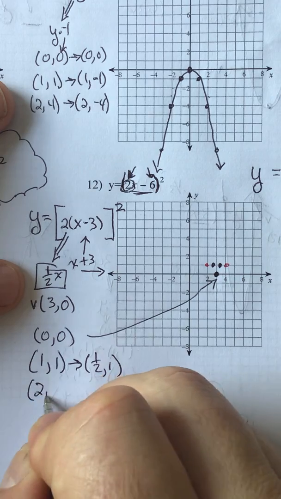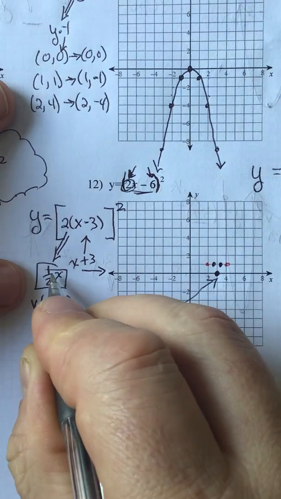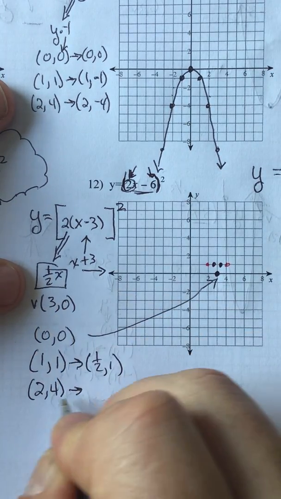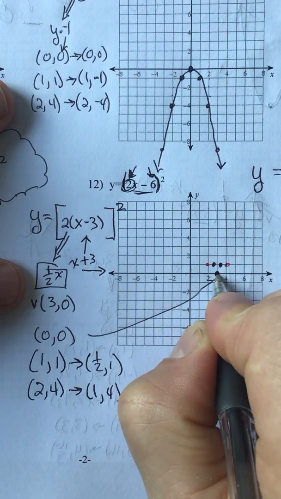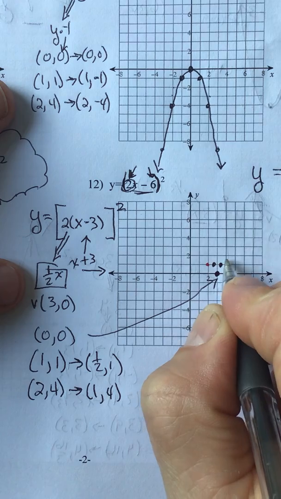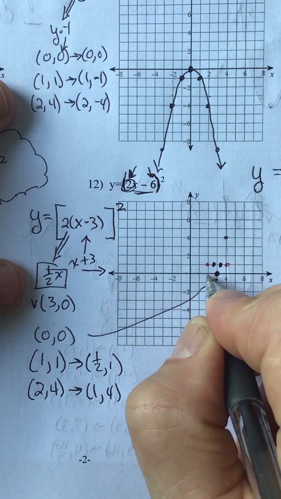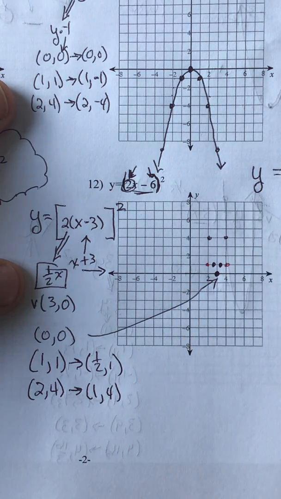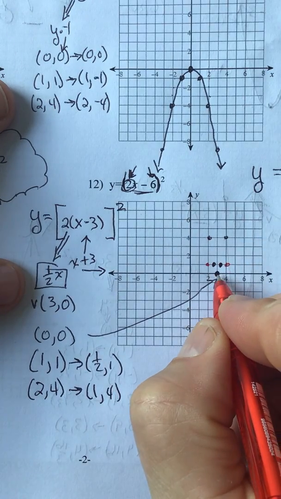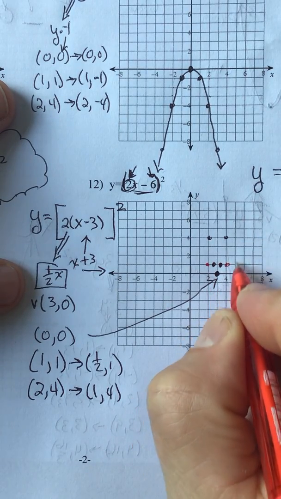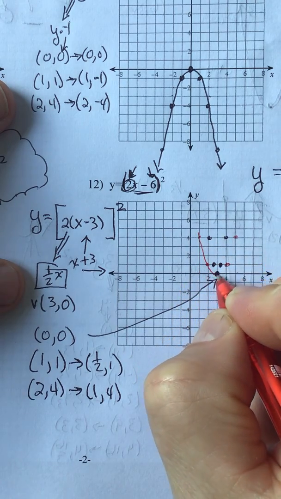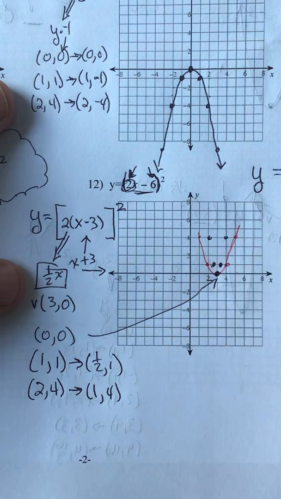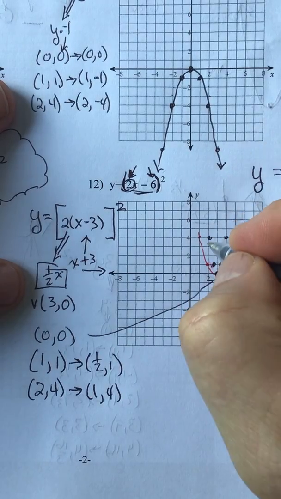Then the next one, I'm supposed to go 2, 4. But the x's are getting halved, so half of 2 is 1, 4. So from the center, I'm going over 1, up 4, and over 1, up 4. Whereas in the red, I was going to go over 2, up 4. So see, the red one would have been there. The red one is going to end up being pretty wide. That's the parent. The one we want is the black one.